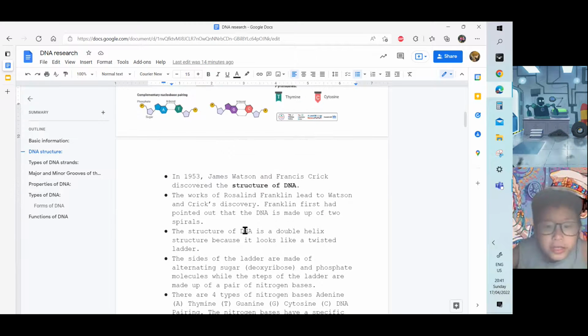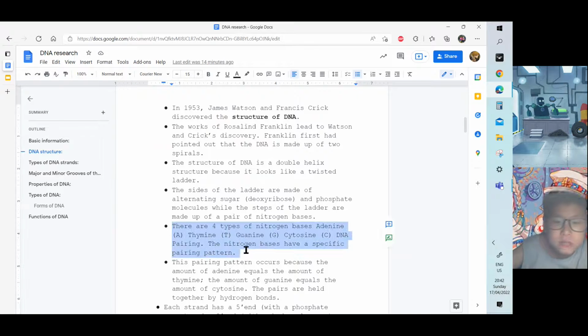The structure of DNA looks like a double helix because it looks like a twisted ladder. The sides of the ladder are made of alternating sugar, deoxyribose, and phosphate molecules, while the steps of the ladder are made of a pair of nitrogen bases.